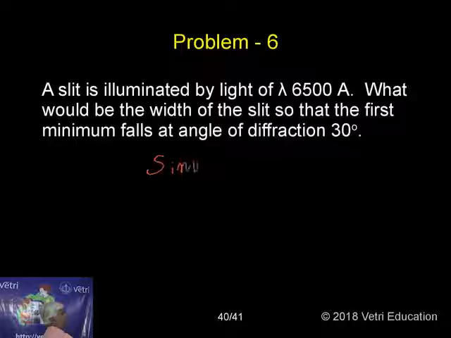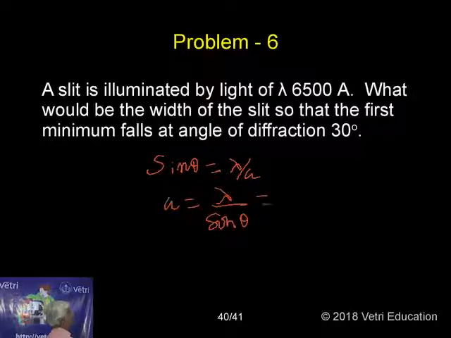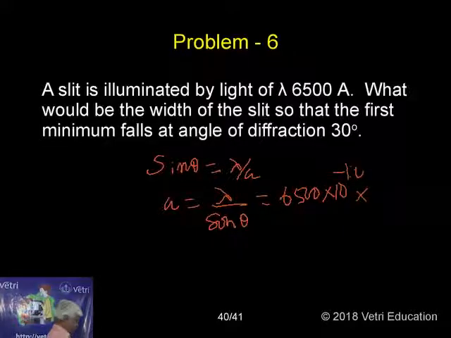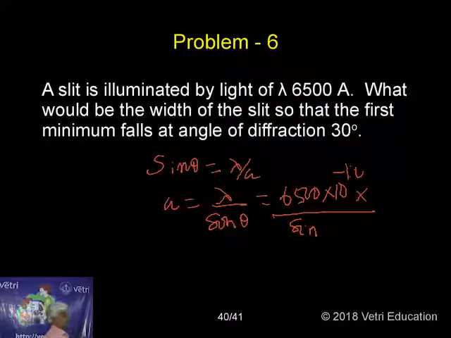sin theta is equal to lambda by a; in general, a sin theta is equal to n lambda. For first order, n is equal to 1, sin theta is equal to lambda by a, or a is equal to lambda by sin theta. So lambda is 6500 into 10 power minus 10 meter, divided by sin 30 degree.